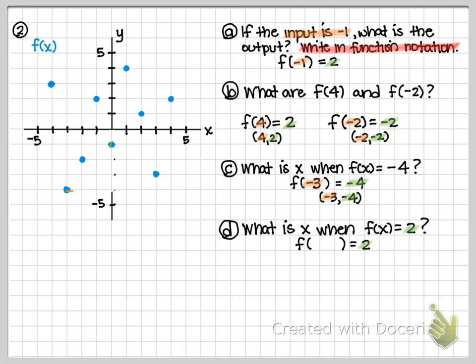I'll put my black line back in so we can see the axes. And then from the origin, I also know the y direction. The y direction in this case is 2. So start at the origin and go up 2.